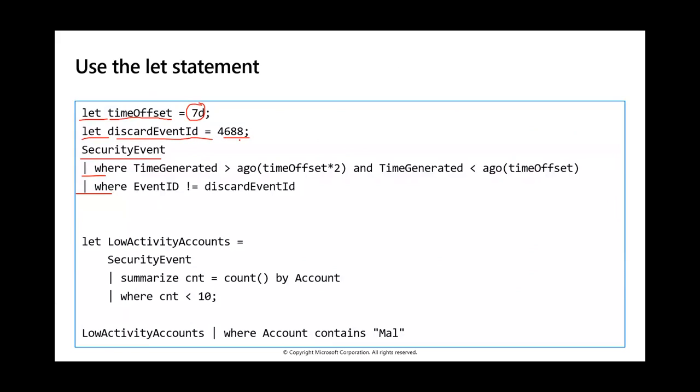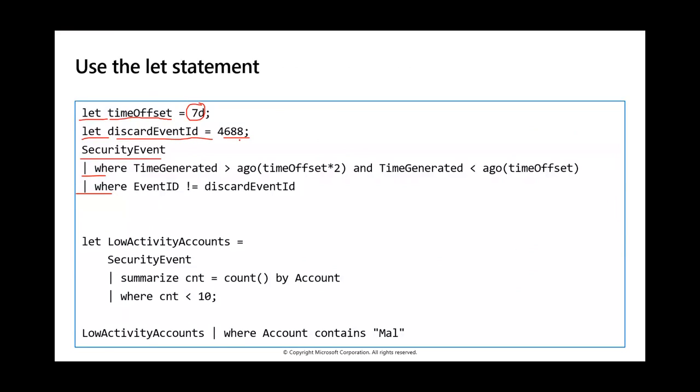So we can use the let statement, which is useful for breaking up a complex expression into multiple parts, each represented by a variable. We can define constants outside of the query body for readability, and we can define a variable once and use it multiple times within a query, just by calling the variable name after we define it at the beginning.